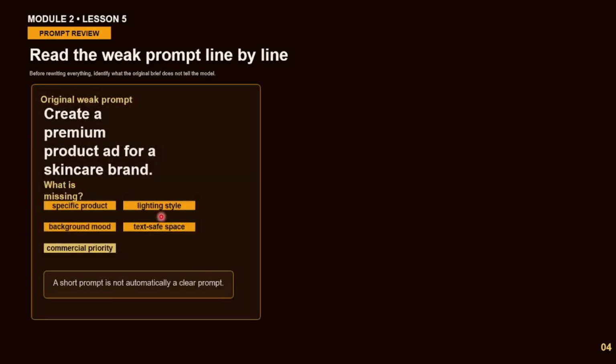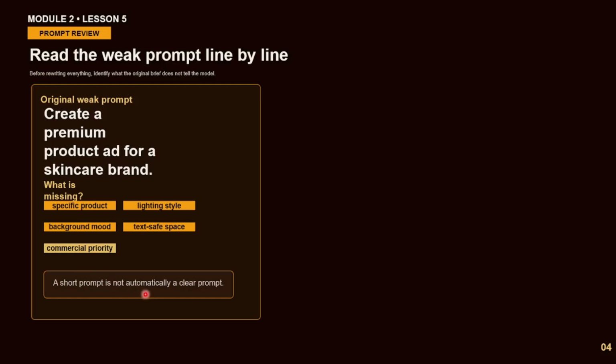Now review the prompt: read the weak prompt line by line. Before rewriting, identify what the original brief does not tell the model to generate. The original weak prompt was: create a premium product ad for a skincare brand. You didn't specify the brand, and there are so many things missing. Which specific product were you talking about? The product doesn't have a name. Lighting style, background mood, text space, and commercial priority: none of these are in the prompt, so that's why it's very generic.